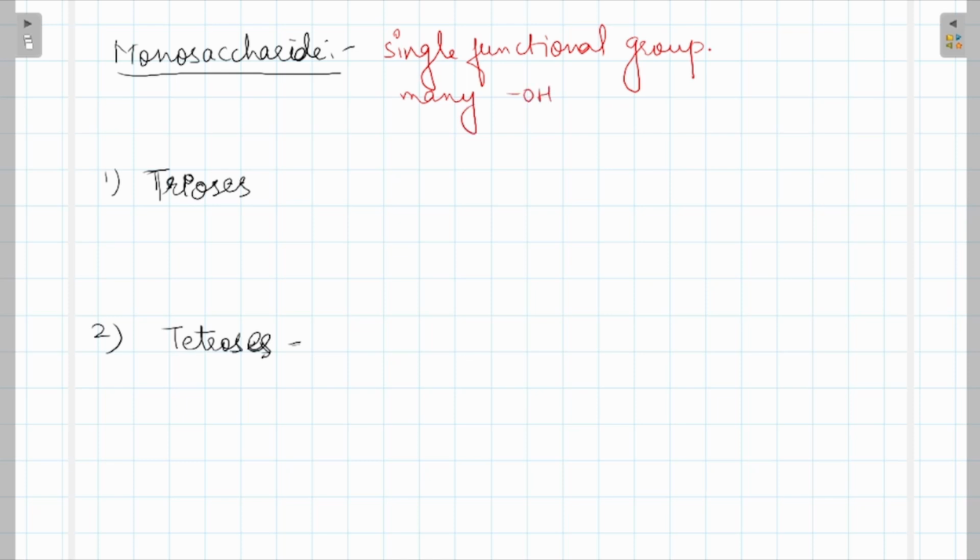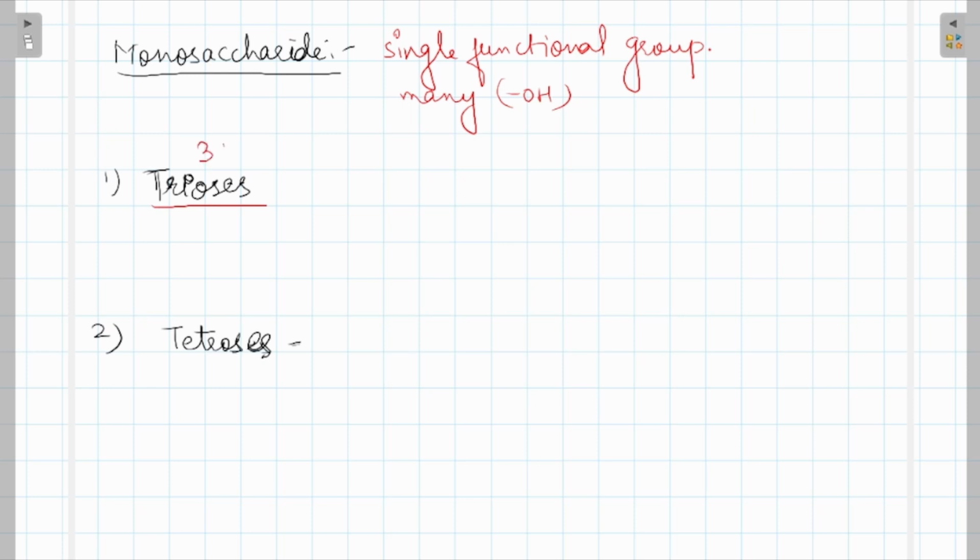Many hydroxyl groups, we have already seen in the definition. Carbohydrates are polyhydroxy aldehydes or ketones. So hydroxyl group बहुत सारे होंगे. And now we can classify the monosaccharide on the basis of carbon. On the basis of carbon means trioses.